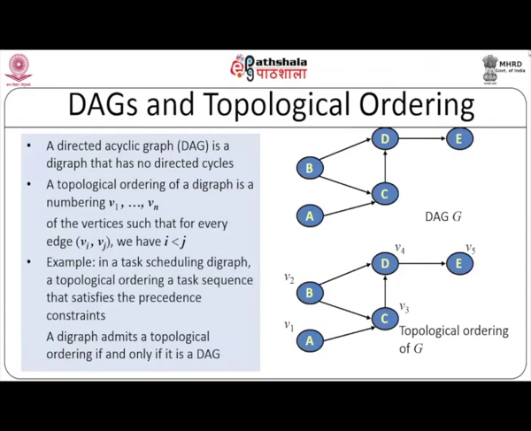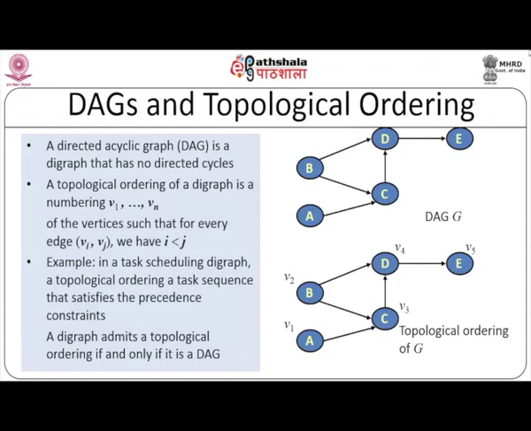Now, a directed graph and a DAG are different, because a directed acyclic graph, called a DAG, is a digraph, that is, a directed graph, which has no directed cycles. If it does not have a cycle, it is called a DAG. Now, a topological ordering of a digraph is a numbering of the vertices such that for every edge (Vi, Vj), we have i less than j.